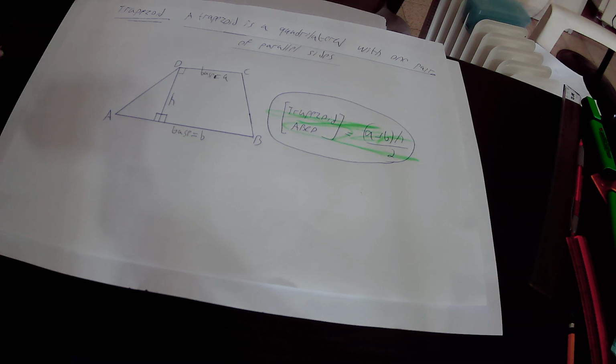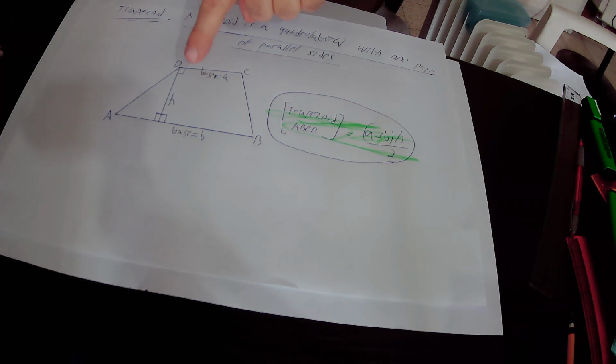The area of this trapezoid equals the sum of its bases, that is DC plus AB. According to our definition, DC is A and AB is B, and therefore the area equals A plus B times the height, that is H, over 2.